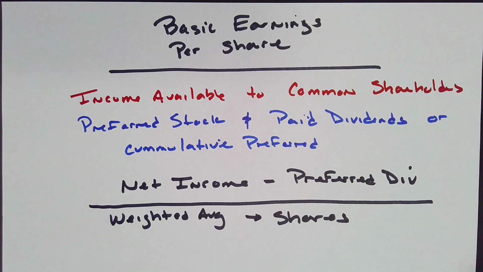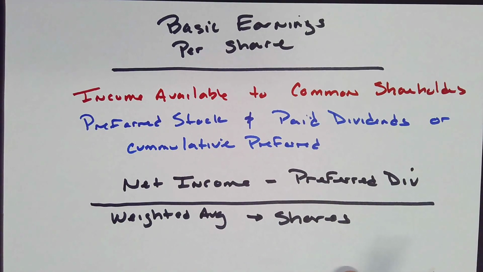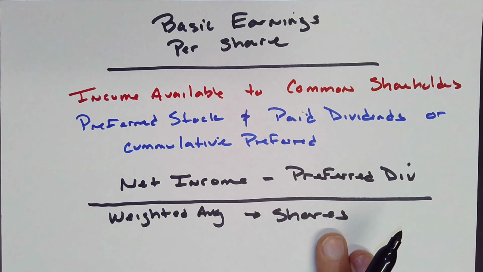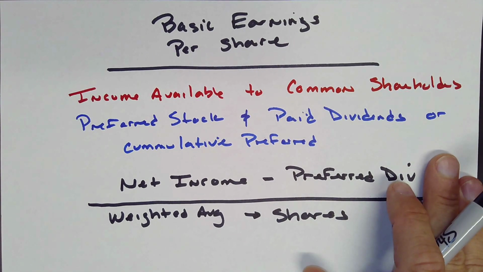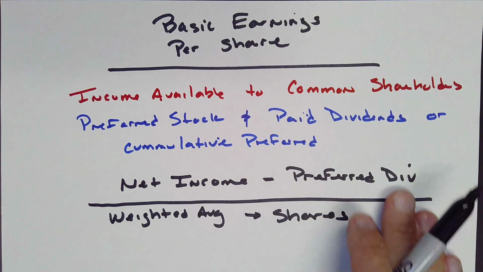So you could have had shares that you issued and were outstanding, but you bought them back as part of treasury stock. Well, that would not be factored into this. So it's weighted average shares outstanding. You learned about treasury stock in your previous course. So this is your basic EPS.